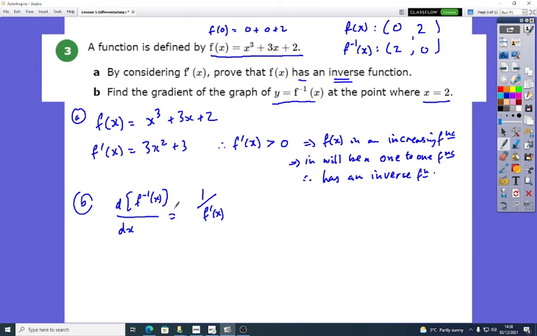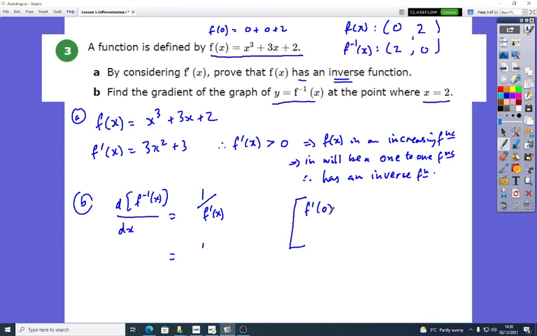Okay, so that is the rule. Before we go on to finishing this, I'm just going to put this. Now f dash of x, for where this equals 2, in this scenario x is going to equal 0.